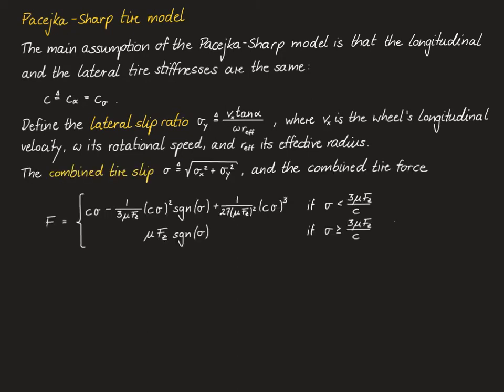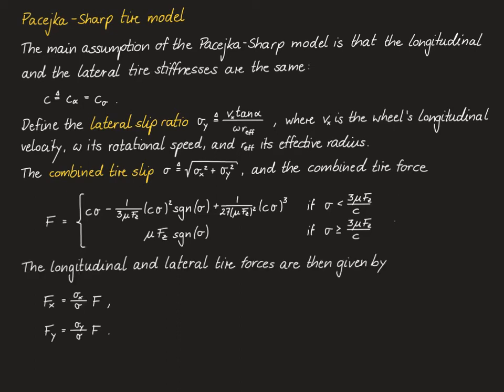Using this, the combined tire slip sigma can be defined as the geometric addition of the longitudinal and lateral slip ratio, and the combined tire force F is given by this cubic expression as long as the friction limit has not been reached, and it's given by the friction limit as soon as the limit has been reached.